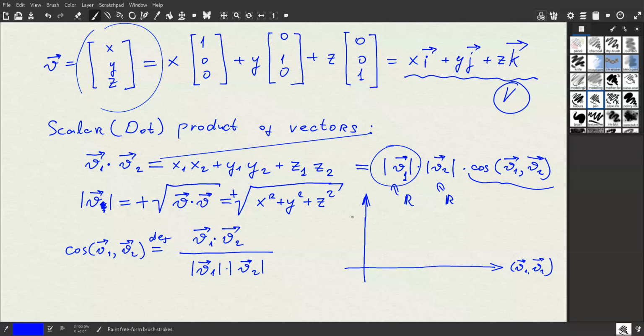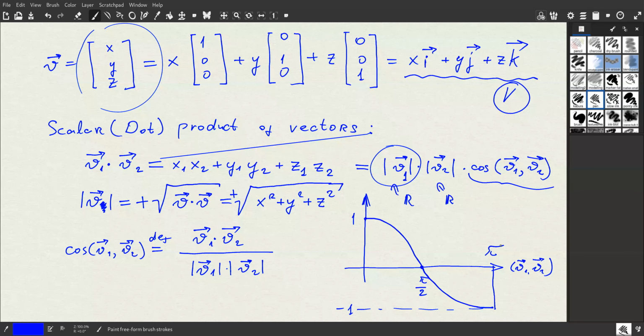When it is 0, then cosine equals 1. When it is pi over 2, and they are orthogonal to each other, then cosine is 0. Then it becomes negative and equals -1 when the angle is pi, or 180 degrees.